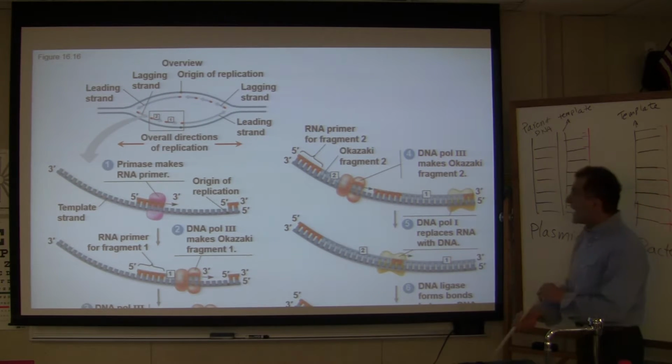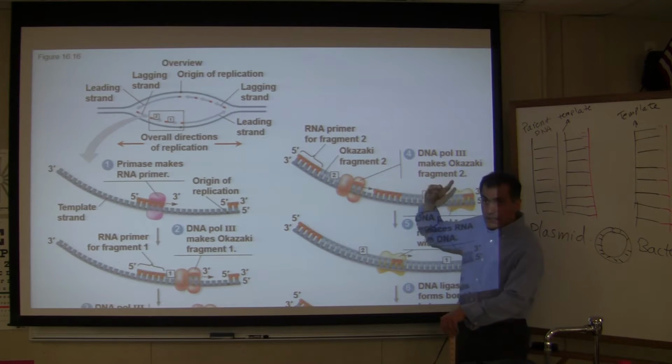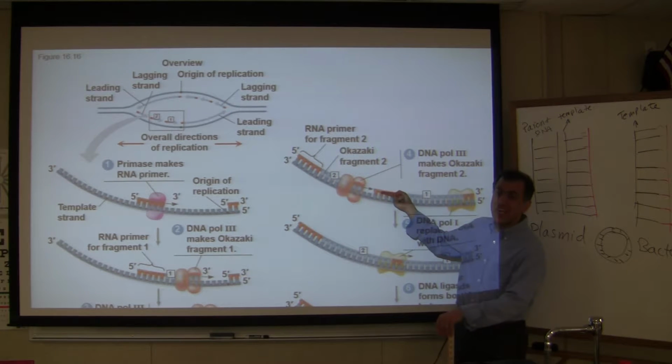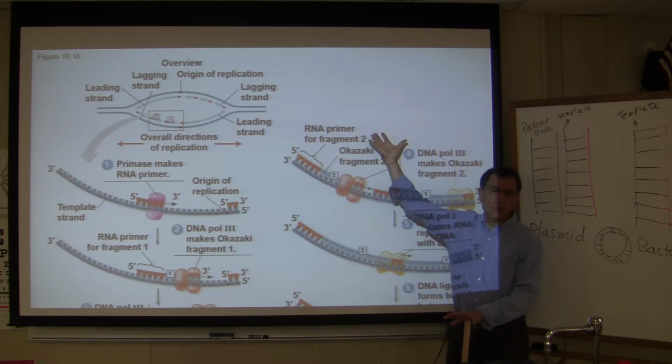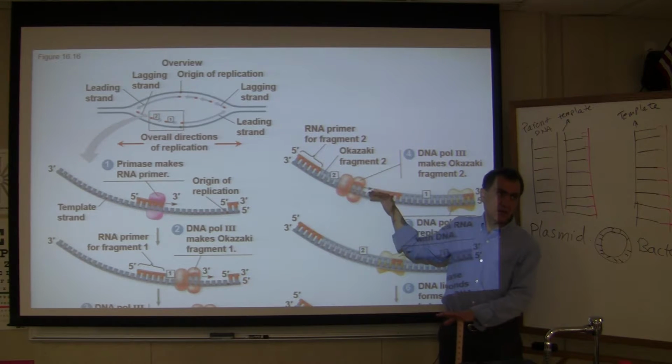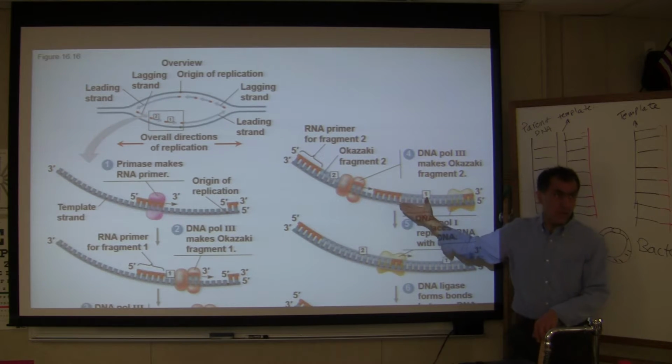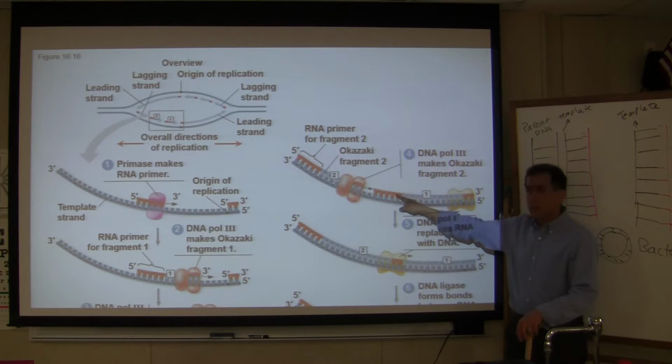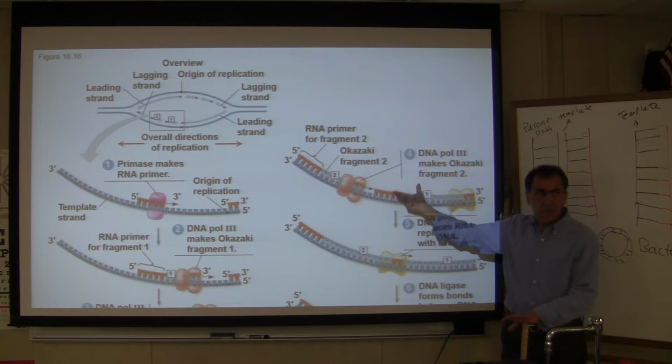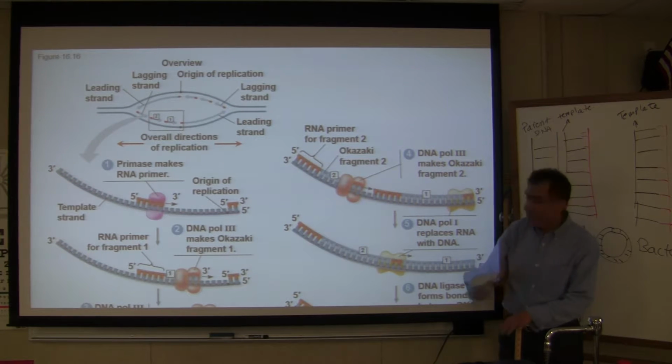When this is all over, this RNA must be removed. You cannot have it here. There might be a uracil here, right? Uracil. So who removes this and puts the actual DNA in there?